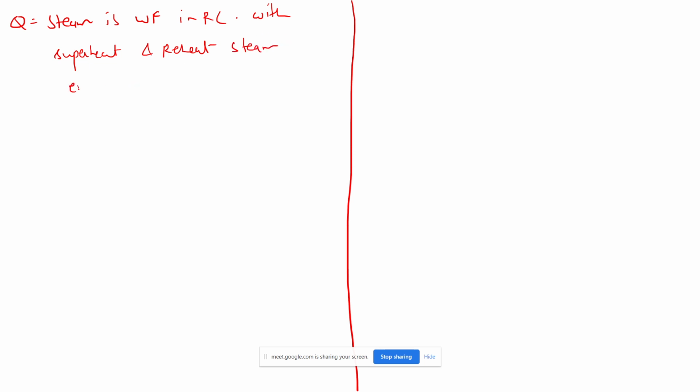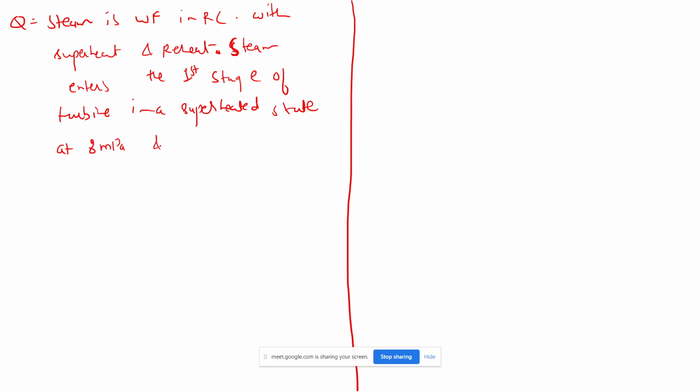Steam enters the first stage of the turbine in a superheated state at 8 megapascal pressure and 480 degrees Celsius, having enthalpy equal to 3348 kilojoule per kg and entropy equal to 6.6586 kilojoule per kg Kelvin.